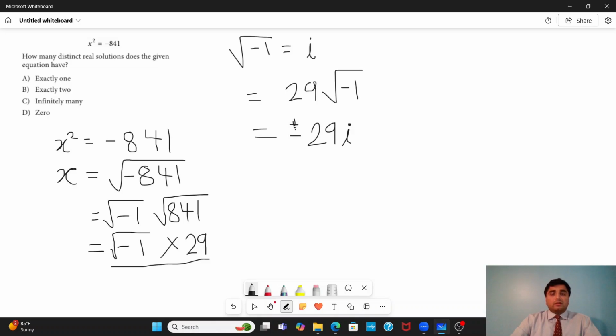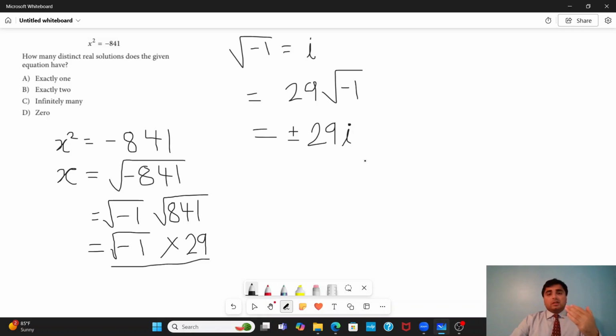I forgot to add that. Let me write this better. So the square root of negative 841 is equal to plus or minus 29i, and over here i is the imaginary value which represents the square root of negative 1.